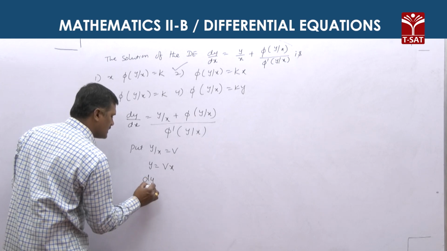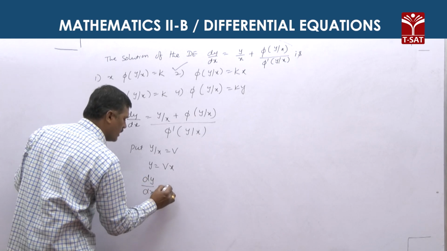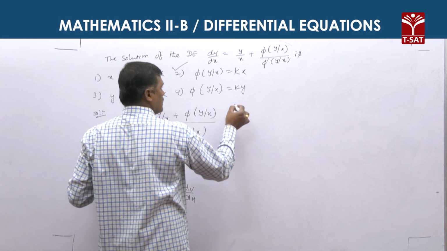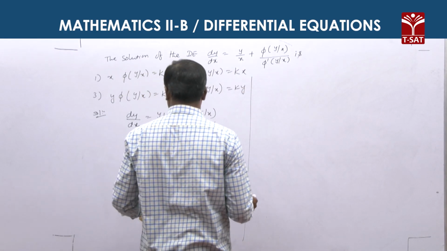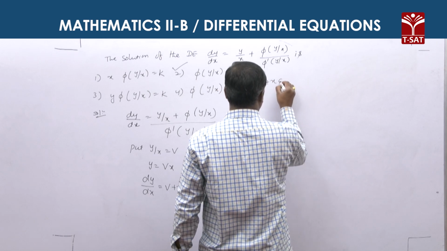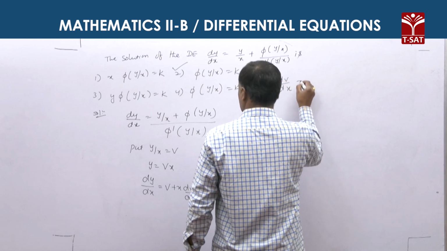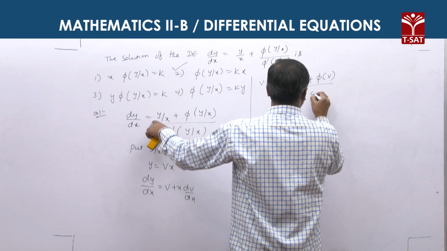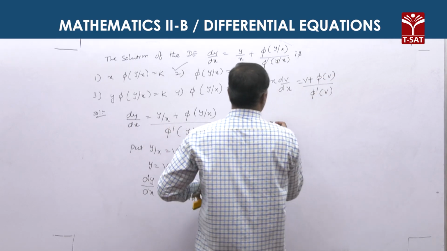Differentiating with respect to x, dy by dx is equal to v plus x into dv by dx. Substituting, v plus x into dv by dx is equal to v plus phi of v by phi dash of v.